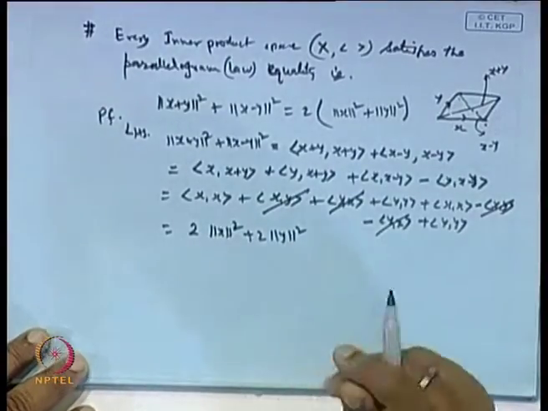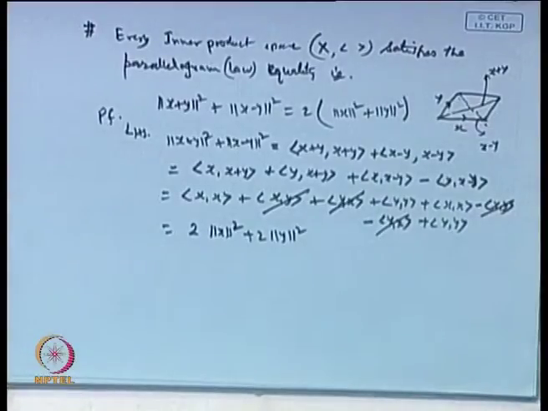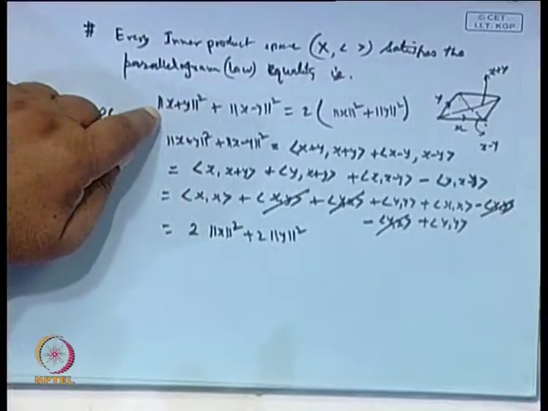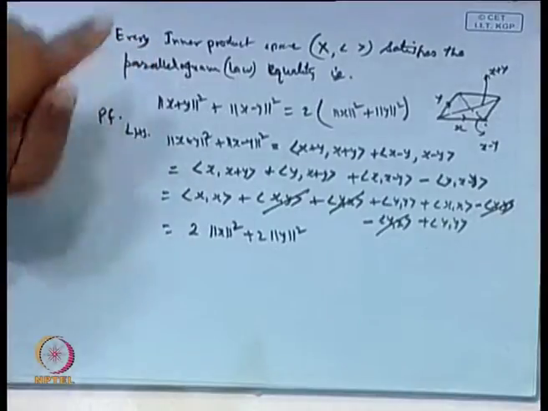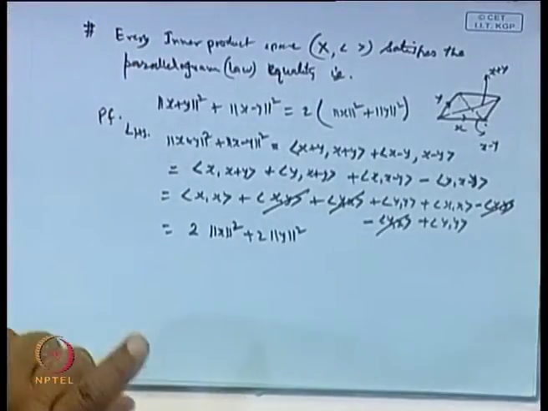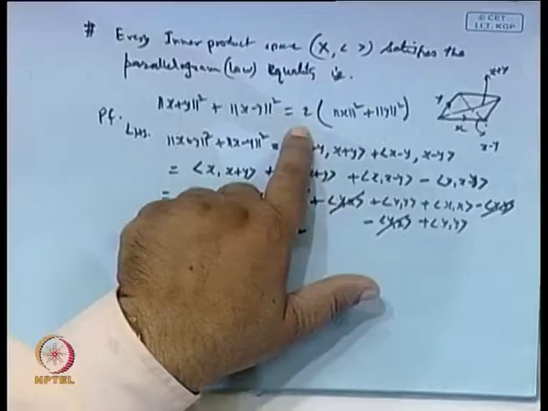So, this proves it. What it shows is that if a vector space is an inner product space, then the inner product will satisfy the parallelogram law. It means the norm introduced by means of the inner product, norm x is the square root of inner product x comma x, will satisfy this condition.